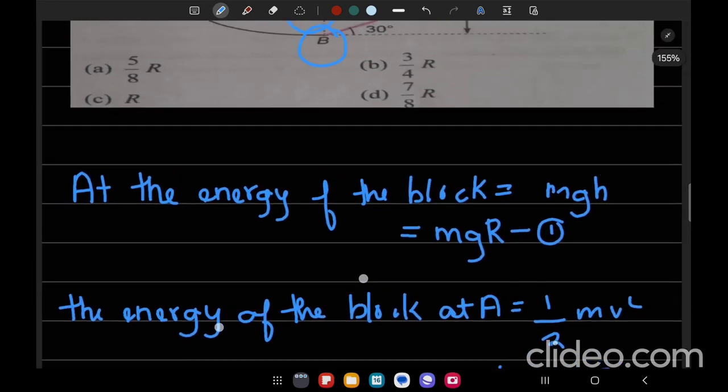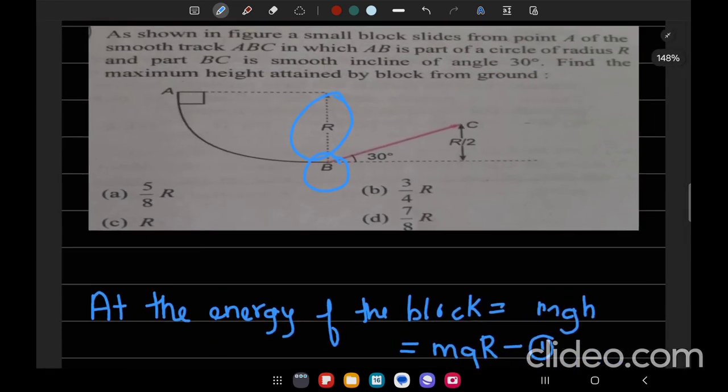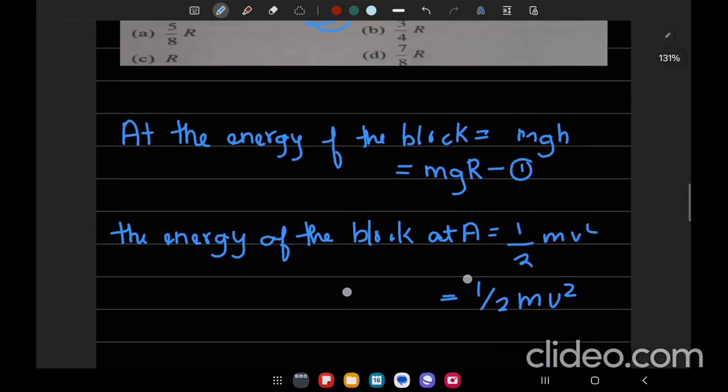According to the law of conservation of energy, we can equate these two, as we have said that the maximum potential energy is at point A and the maximum kinetic energy is at point B. So let's equate them.